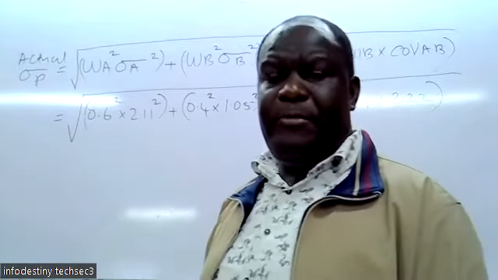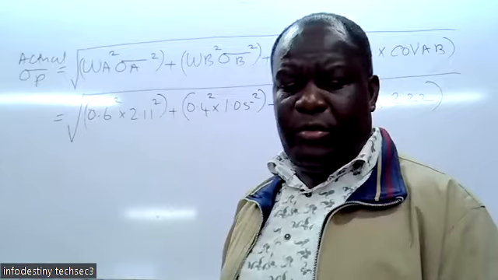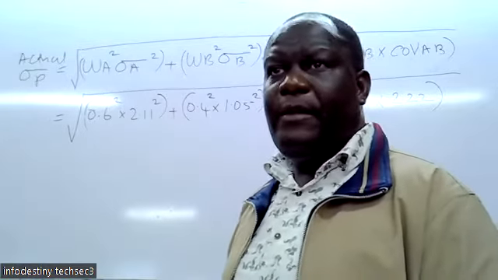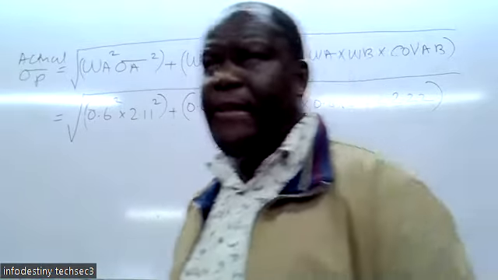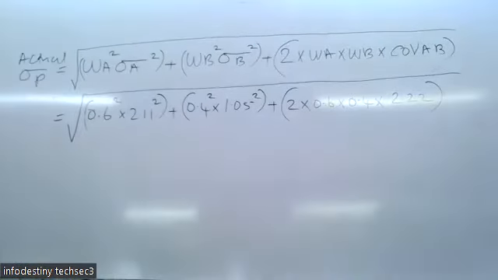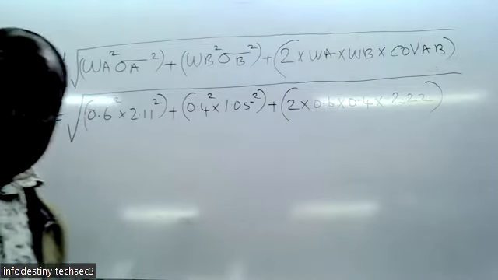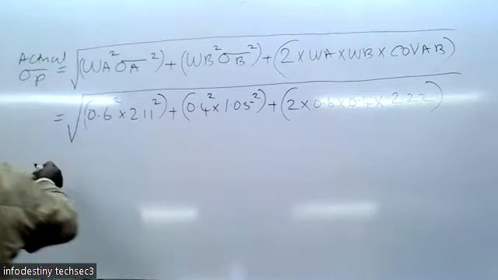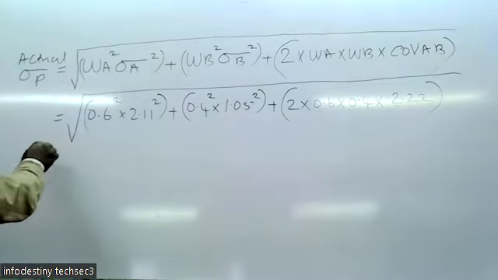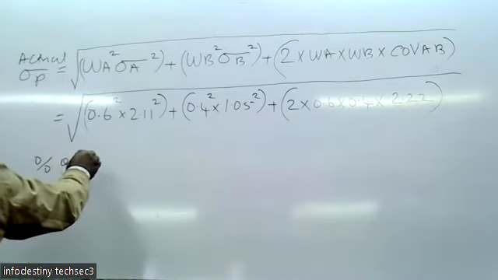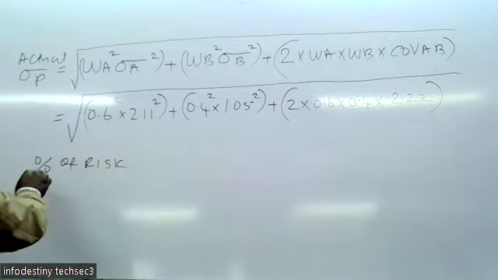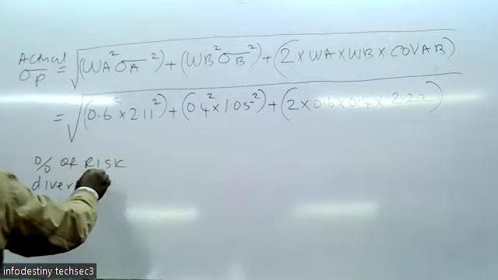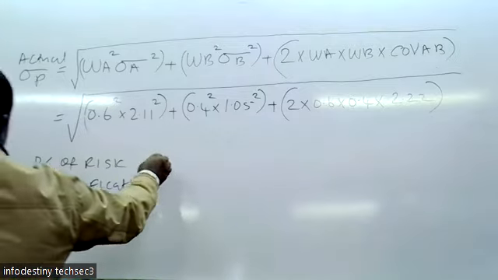If you want to calculate the percentage of the risk minimization, so this is now our Roman letter 6, percentage of the risk diversification or minimization.